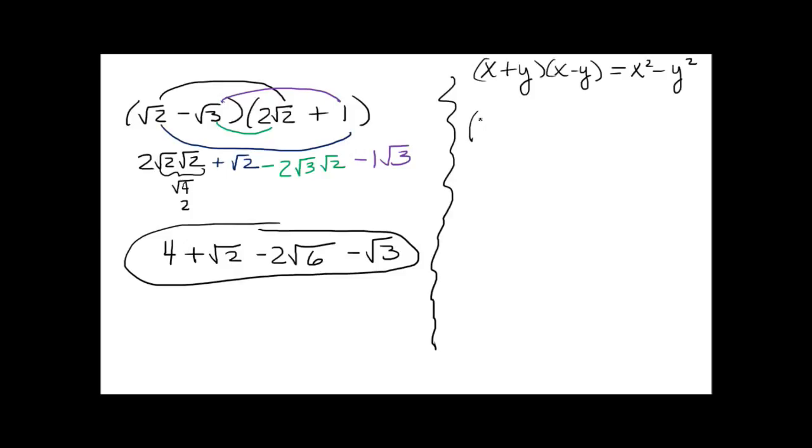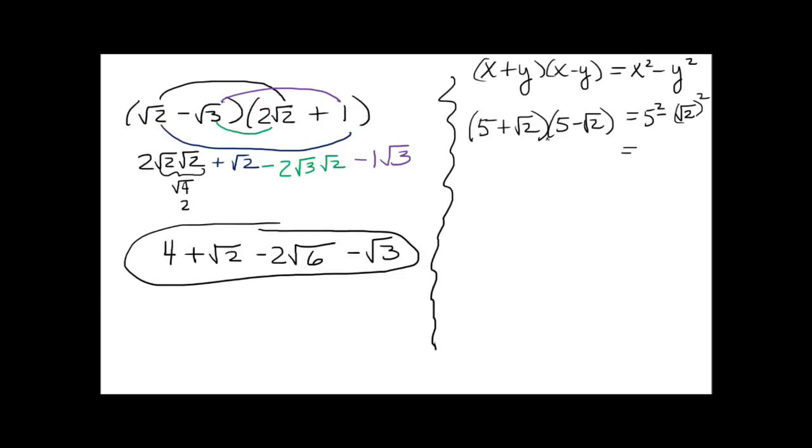For example, we could have 5 plus the square root of 2 times 5 minus the square root of 2. And it will follow the same pattern. These are the same two terms, but with the opposite sign in the middle. That's key. So you're going to get the first term squared, 5 squared, and the last term squared, square root of 2 squared, with a minus sign in the middle.